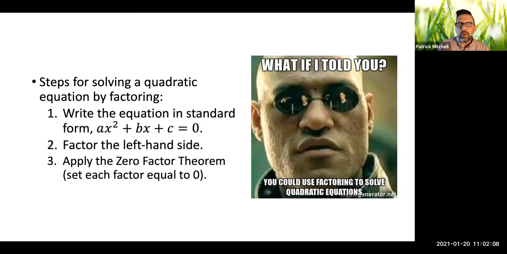Then we're going to apply the zero factor theorem, because after we finish step 2, we will have something, and this will make a lot more sense when we look at examples, that says this thing times this thing equals 0. So what? Well, then one of those mystery things must be 0.